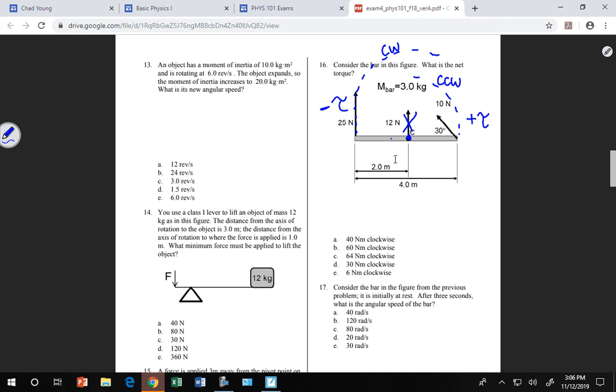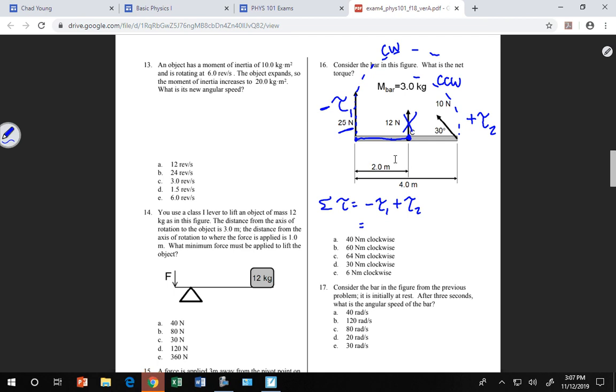So the net torque is going to, I'll call this torque 1, torque 2, is negative torque 1 plus torque 2. That's the force times the length of the moment arm, which is the distance from the point where the force is attached to the axis of rotation.